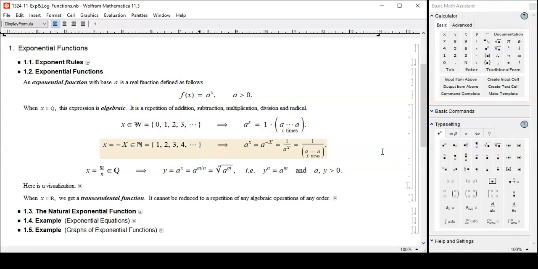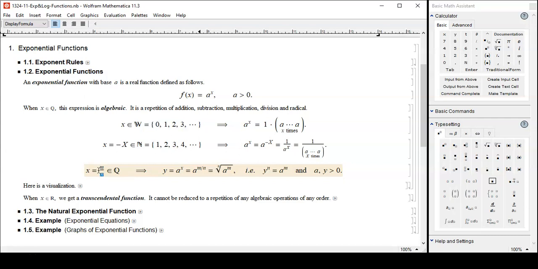Those should be easy. Now, let's go to number 3, and this is going to be a huge headache for a lot of students. Try to follow. Okay, x is m over n in lowest terms, and m can be either positive or negative, and the denominator n, let's keep it as positive.